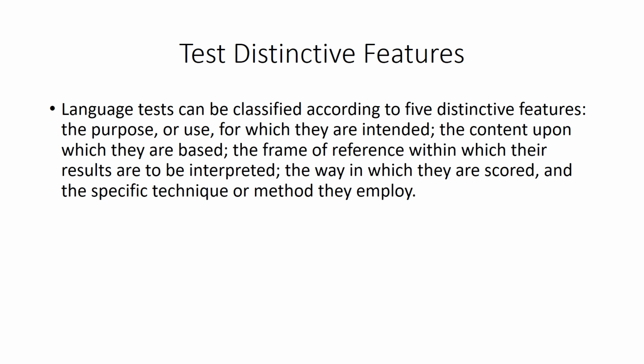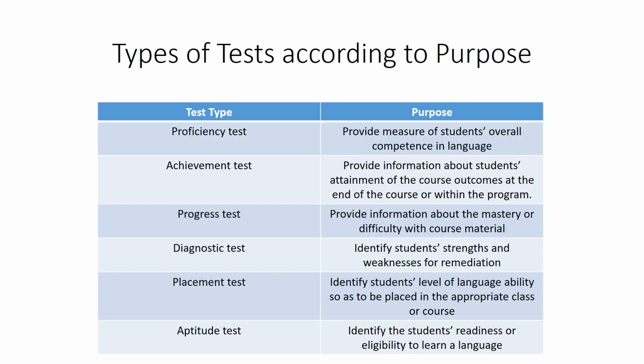Okay, so if we start with the first feature of the test, which is related to the purpose of the test. According to the purpose of the test, we are going to have nine types of tests. The first six are said to be the most common ones: the proficiency test, the achievement test, the progress test, the diagnostic test, the placement test, and the aptitude test.